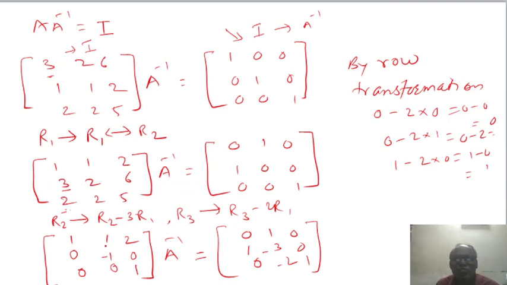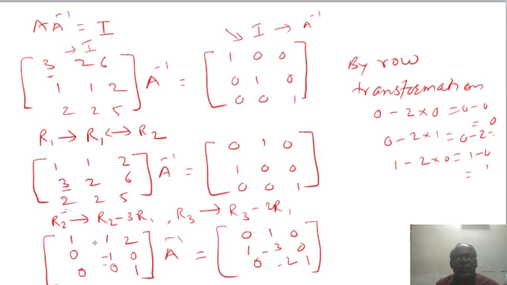Now after this we want 0 here. We want 0 with the help of this. But before that it should be plus. How to get plus here? Pay attention here. We should make it plus here. How to make it plus here? Your R2 multiplied by minus 1.